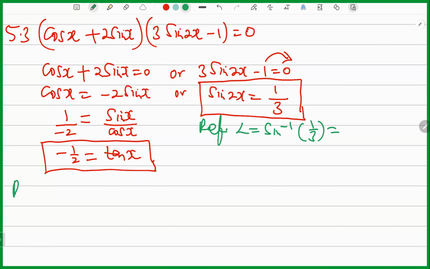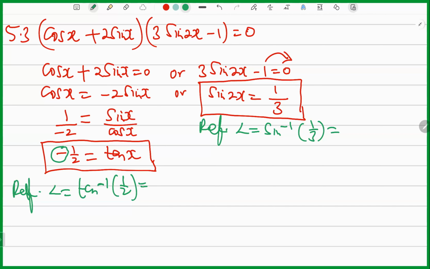For the first one, we find the reference angle. To find the reference angle, we write arctan of positive 1/2. You see it is negative here, but here we put a positive.